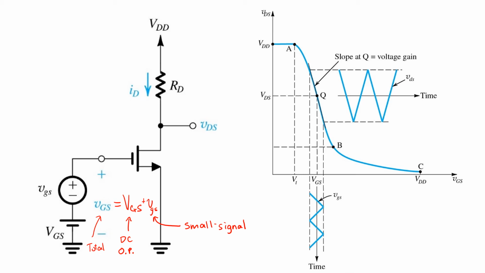Similarly, we define the output vDS as the superposition of the DC operating point, all uppercase VDS, which we calculated using the square law on the last slide, and a small signal quantity, all lowercase vds, which arises in response to the small signal input, all lowercase vgs. We can make similar definitions for the drain current flowing. It's got a DC operating point part, and a small signal part, all lowercase.